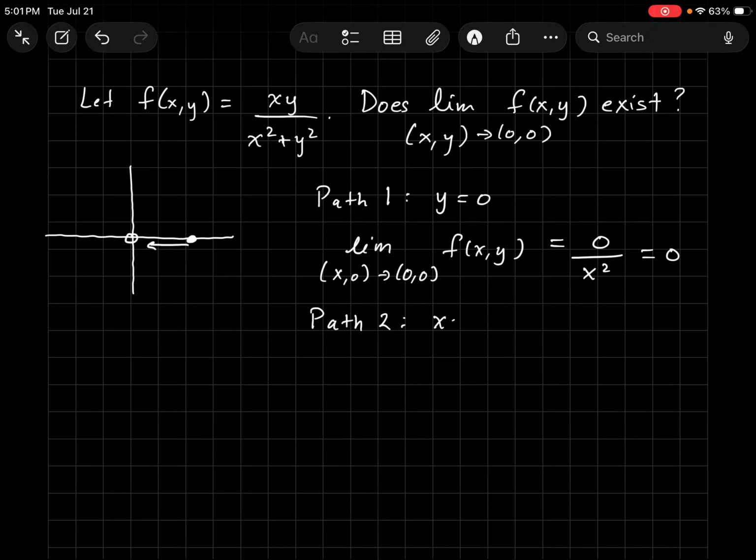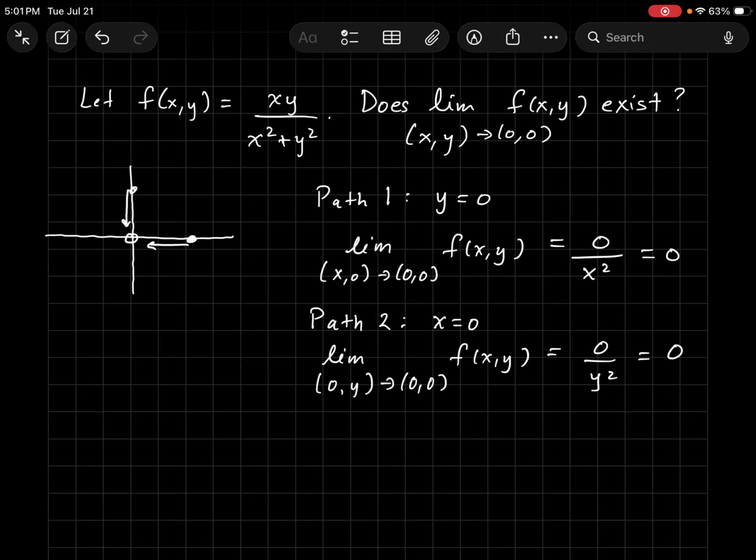We're going to let x equal 0, so we're going down the positive y-axis in this case to be a little more specific. So the limit as (0, y) goes to (0, 0) of f of (x, y) equals, if I plug in 0 for x, I still get 0 on top. And now I get y squared at the bottom, but it still equals 0.